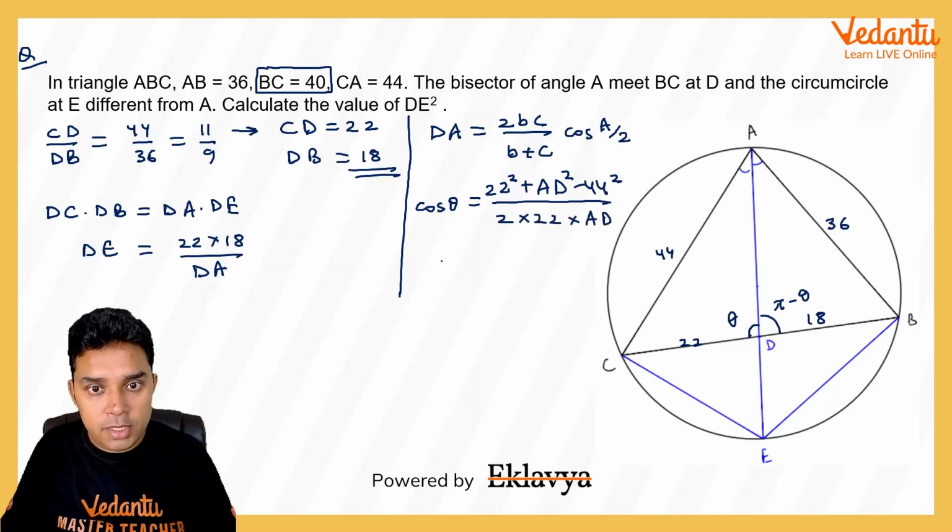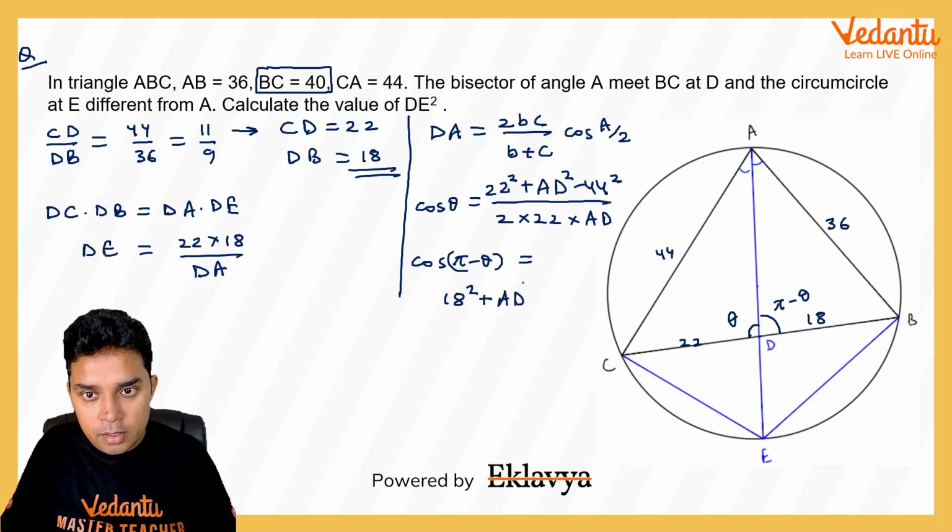And similarly, cos of pi minus theta can be written as (18 square plus AD square minus 36 square) divided by 2 into 18 into AD.